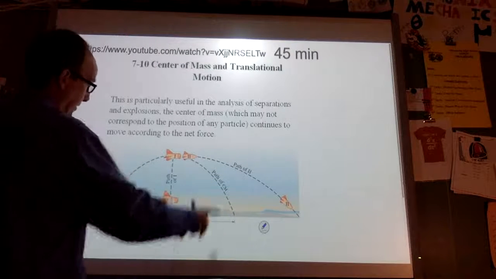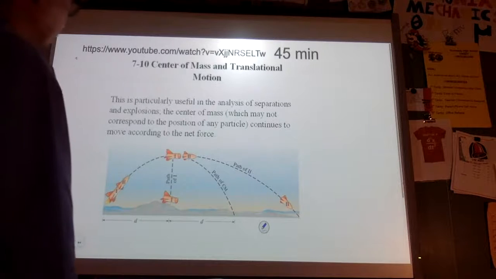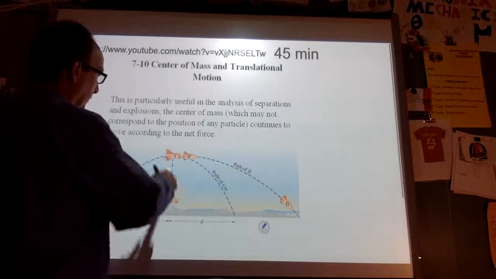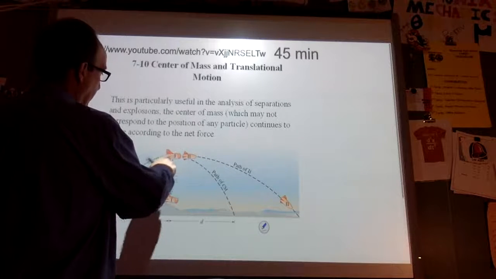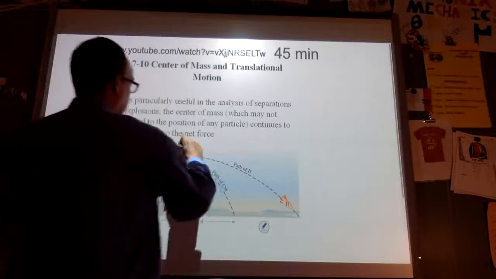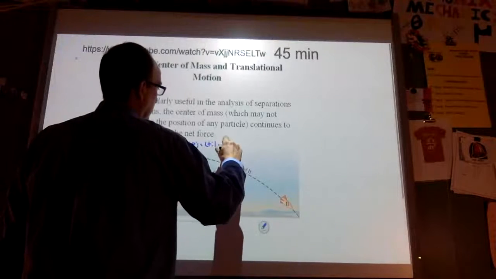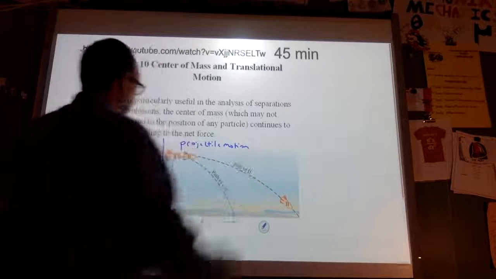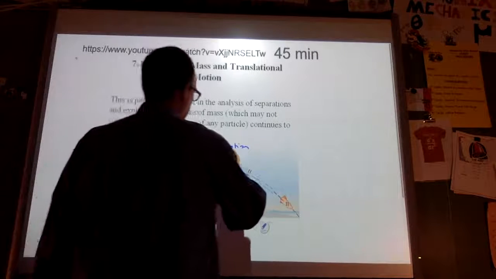So its path is going to follow a parabolic path. Maybe it's firing up to here, and then it's separating. So this would be projectile motion, which means that it has to follow a parabola.